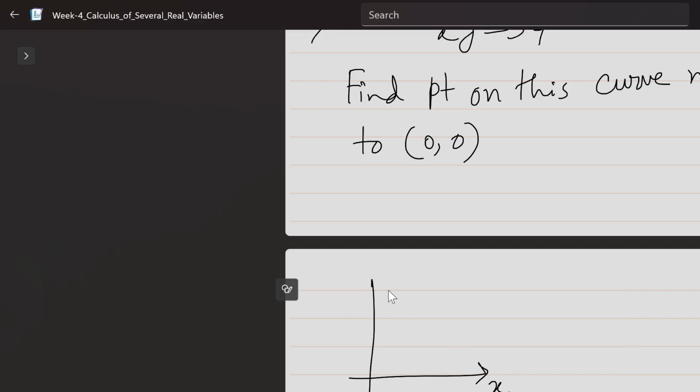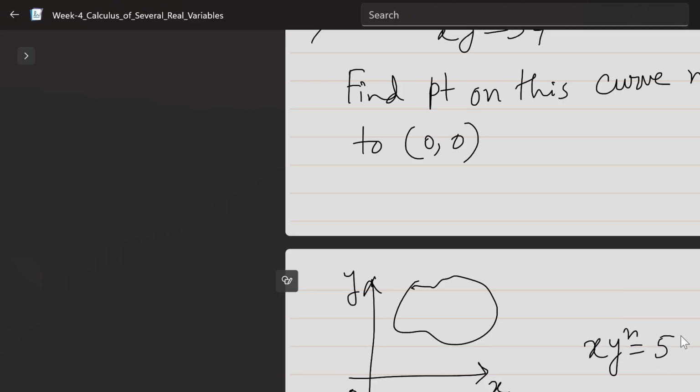When we have the variables in product form, like in this case we have x y square, we cannot write direction ratio. That's why this is a curve. Direction ratio is for plane and line, not for every surface.